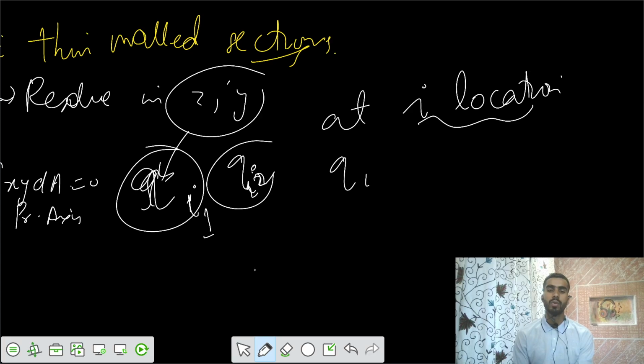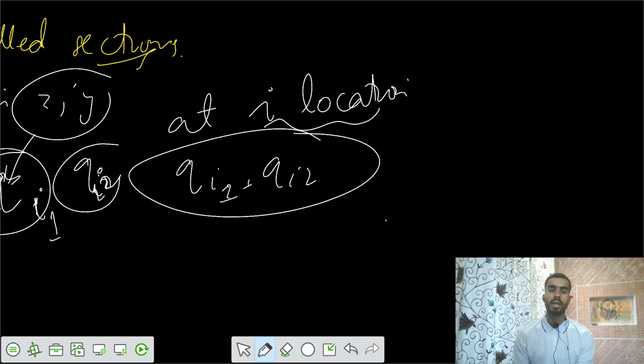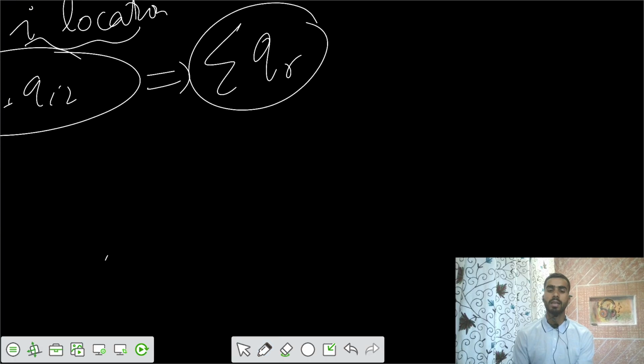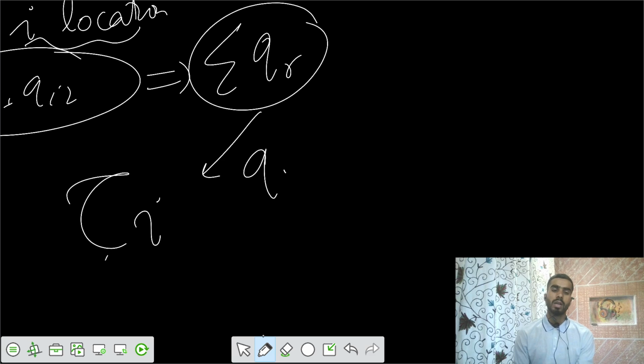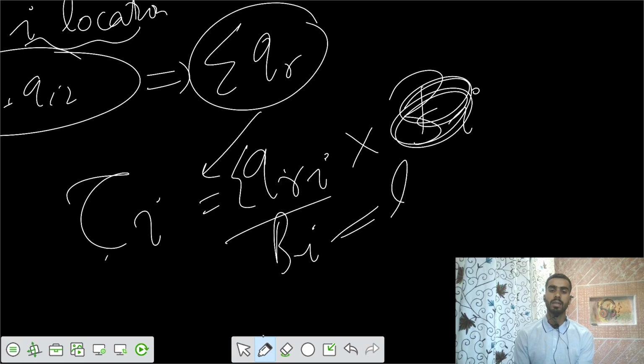You sum those two shear flows, Qi1 plus Qi2, based on the continuity equation, and you get the value of the resultant Q. Then, if you want the shear stress at that location, it would be the resultant shear flow at that location divided by the width, the thickness, at that location.